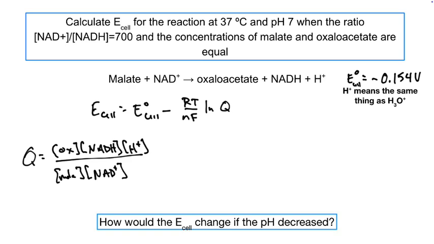So I got lots of people telling me Q was 1. Where did 1 come from? Okay, I got another group of people telling me it's 700. There's at least a 700 in the equation, so I can kind of go with that. There's actually a 1 in the equation too. Where did the 1 come from? We know the concentration of oxaloacetate and malate is equal, the ratio is 1. The products are equal. So Q, yes, has 1 in it.